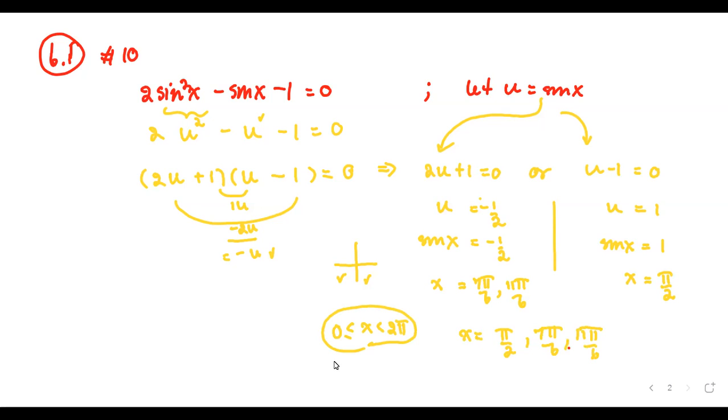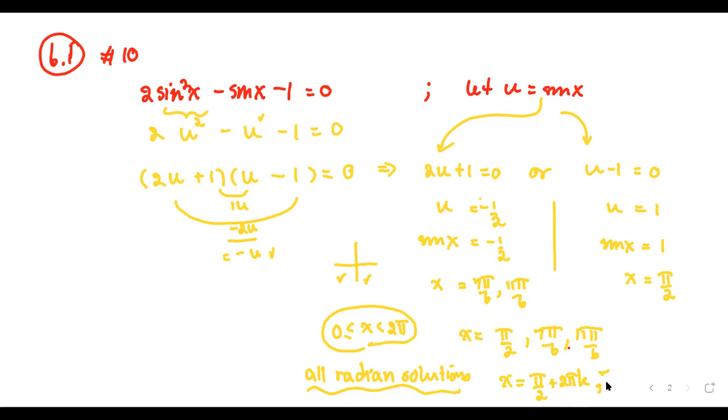Now we're going to find all radian solutions. For all radian solutions, that means for every revolution, we come back to the same angle. So we just basically add 2 pi times k to each one. The first solution is pi over 2 plus 2 pi times k, where k is the multiple of the revolution.